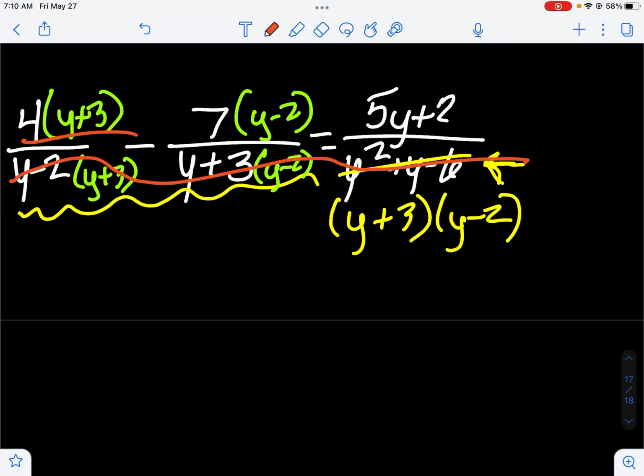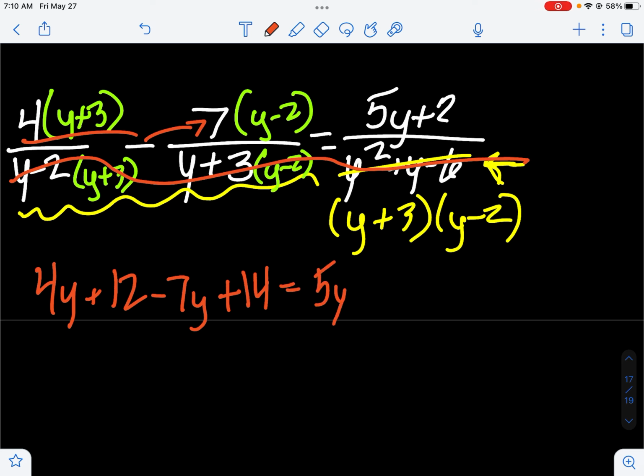Then we have 4y plus 12. Now, we've got to be careful because this is a negative 7. So we'd have negative 7y plus 14, and that equals 5y plus 2. Now we combine like terms.